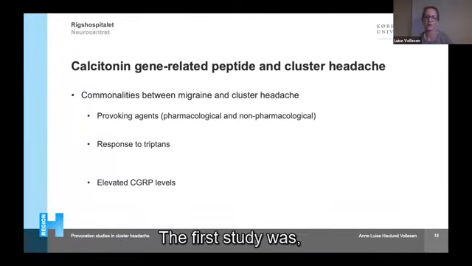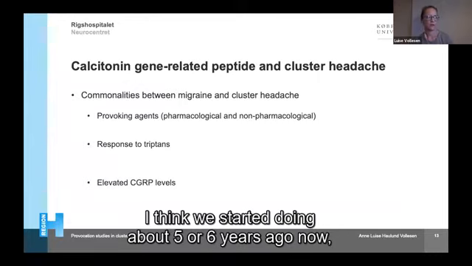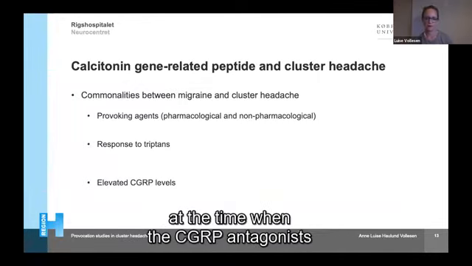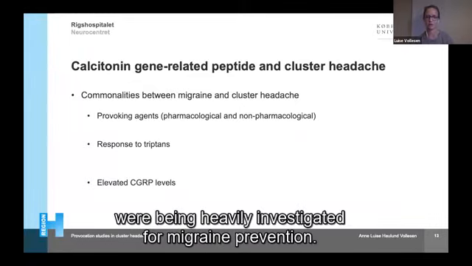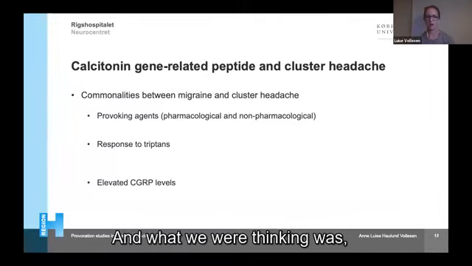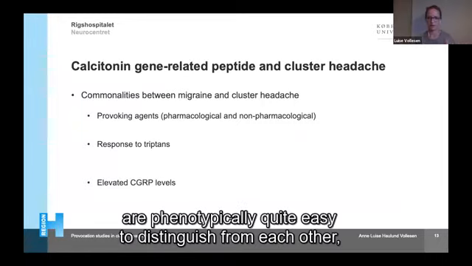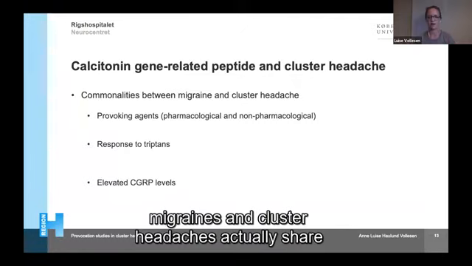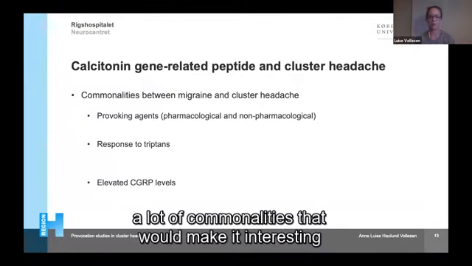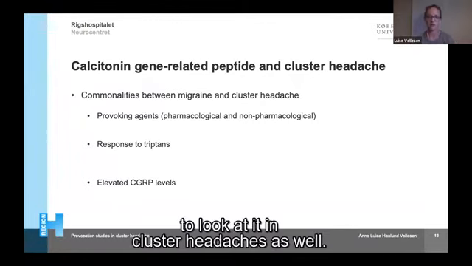The first study was, I think we started doing about 5 or 6 years ago now, at the time when CGRP antagonists were being heavily investigated for migraine prevention. And what we were thinking was, well, even though migraine and cluster headache attacks are phenotypically quite easy to distinguish from each other, migraine and cluster headache actually share a lot of commonalities that would make it interesting to look at it in cluster headache as well.